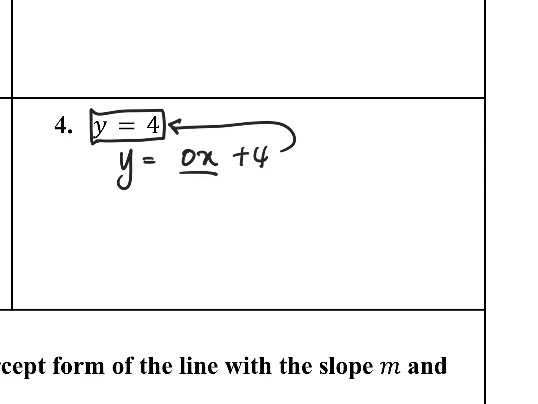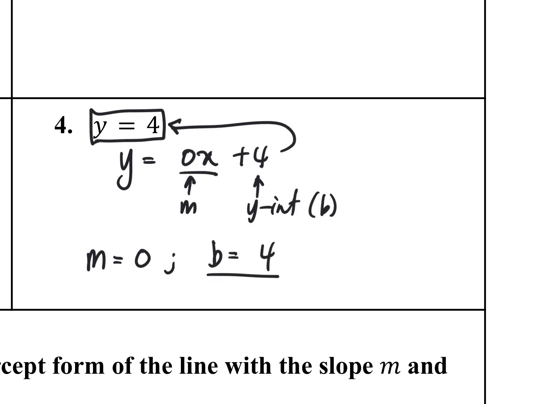But still, it has a slope. So if you're looking at this one, the slope is this 0, and that plus 4 is going to be your y-intercept, which is actually representing your b. So in this case, our slope is going to be 0, and our y-intercept b is equal to 4.